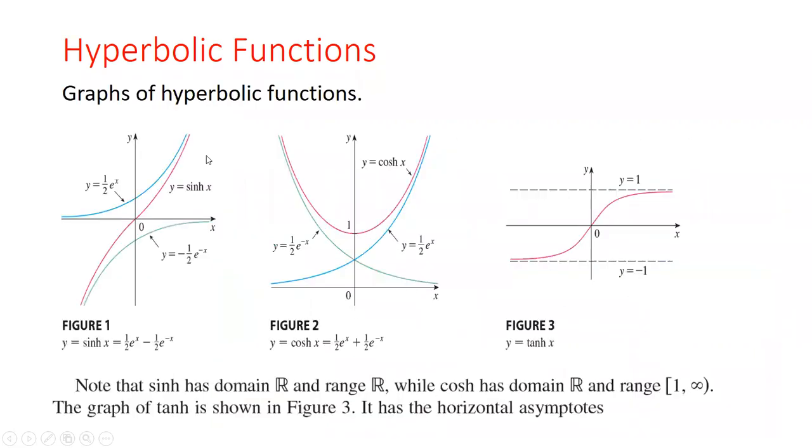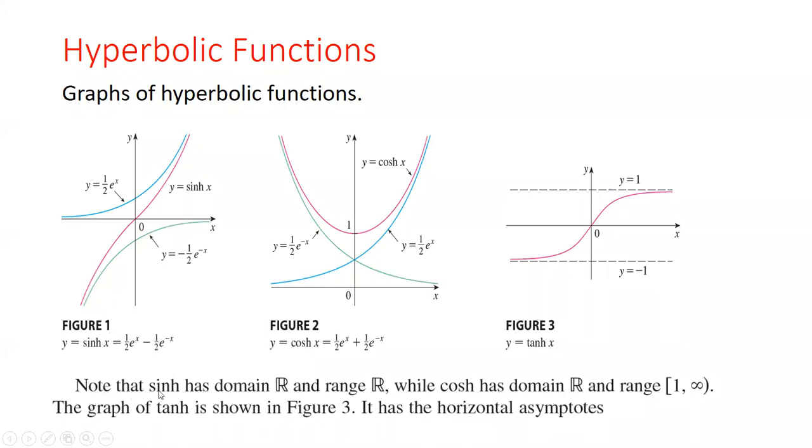When it comes to sketching of these functions, you do not need to know how to sketch this function. Another thing is you're going to need to know the range and the domain. They are the most basic range and domain. In this case, they are sketching the graph for sinh, cosh, and tanh.